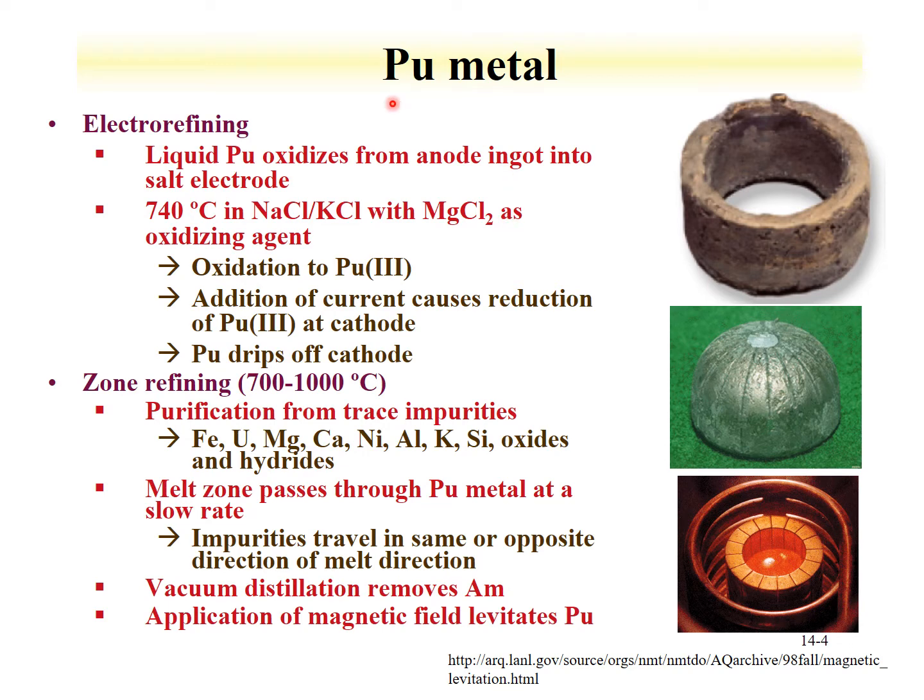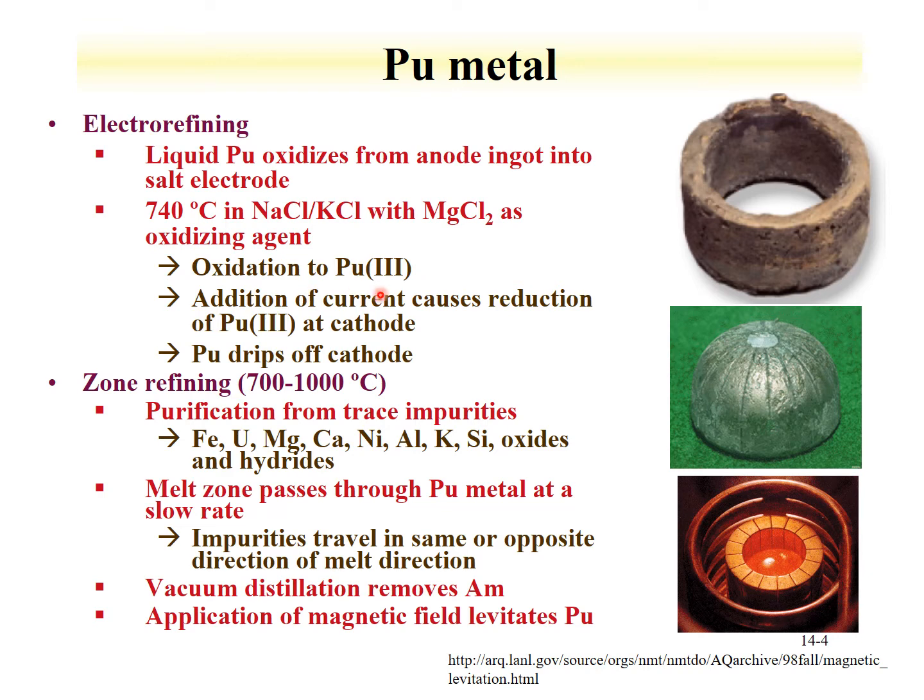Electrorefining is the process where plutonium is formed into a metal in a molten salt system. In this case, liquid plutonium can oxidize from an anode ingot into an electrolyte salt. The salt is at elevated temperature above the melting point of plutonium metal. So the plutonium can be introduced, oxidized to plutonium-3.